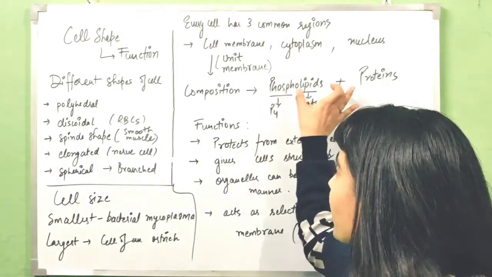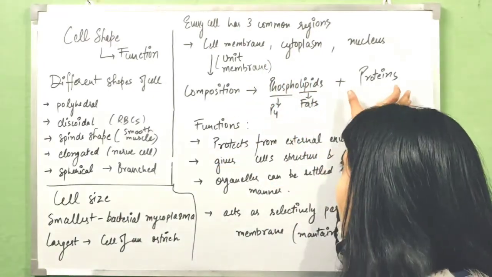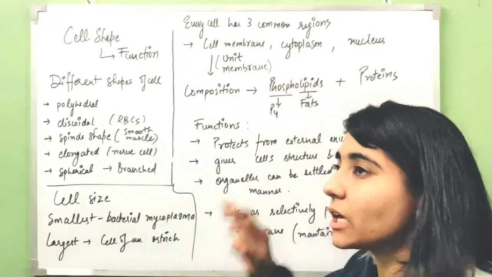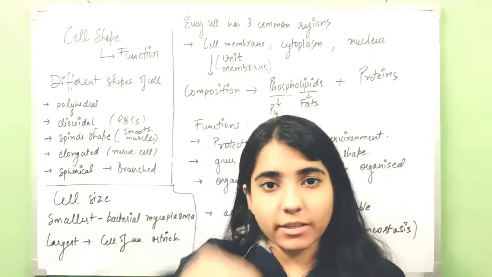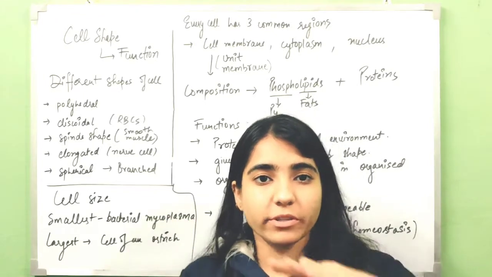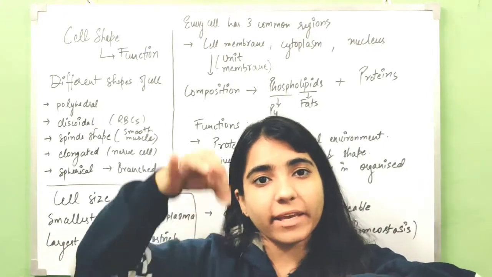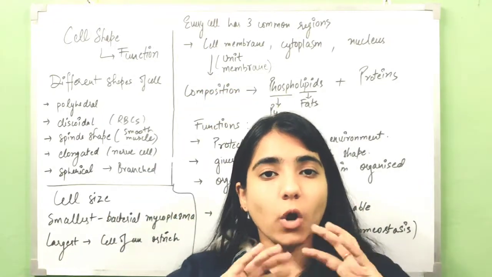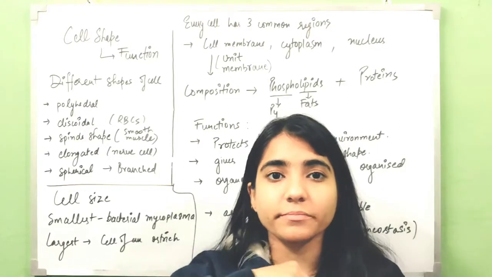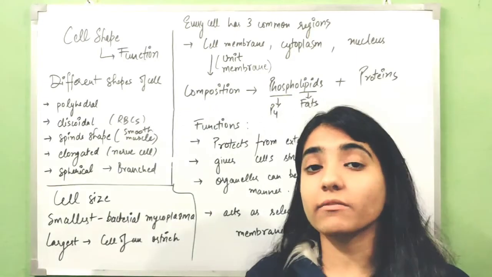And when the phosphate combines with lipids, it is known as phospholipids. So the cell membrane is made up of phospholipids and the proteins are embedded in the bilayer of the phospholipids. There are two layers of phospholipids and the proteins are embedded in it. So this is the composition of a cell membrane. They make up a unit, one layer, single membrane.